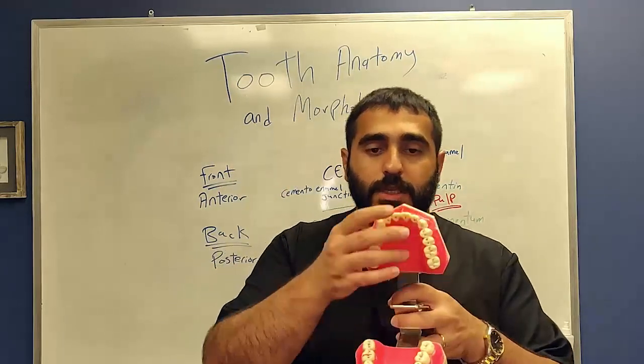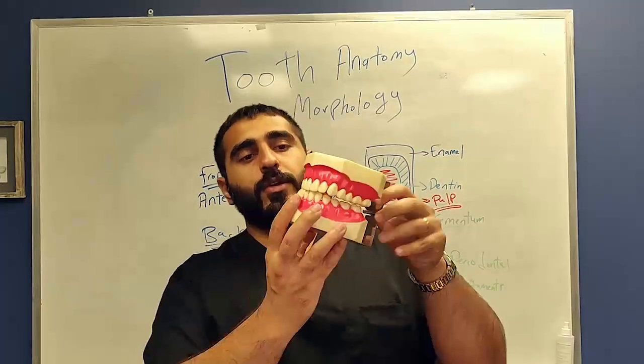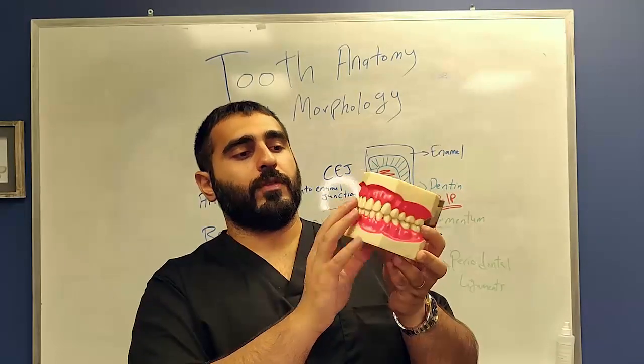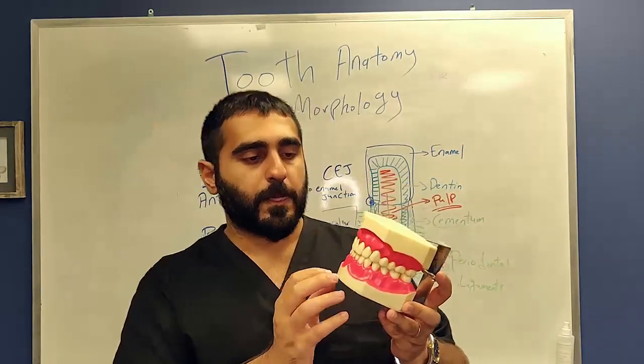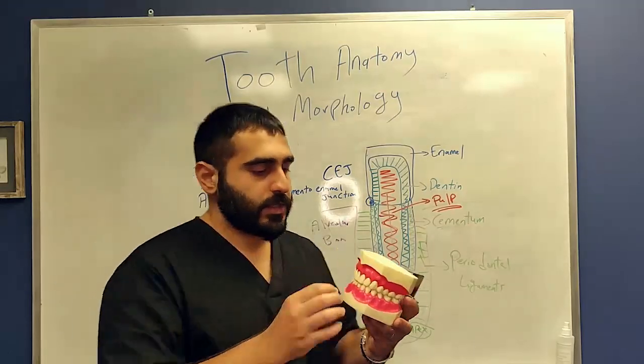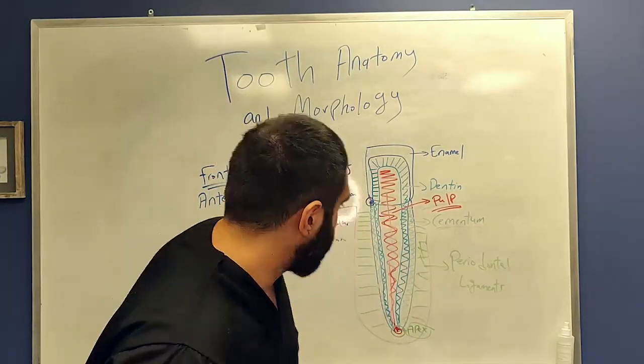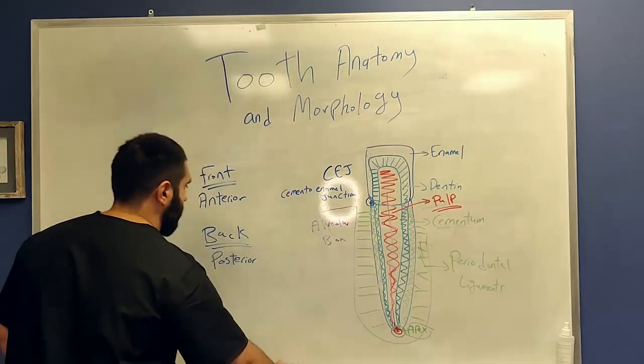Anyways, as you can see, the teeth don't look like each other. Every tooth has its own shape in its unique way, and each one of these has a name. Let me erase this, and then we can focus on each name of every single one of these teeth.